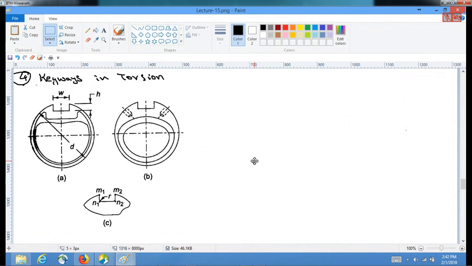So you can see that because you have this keyway that is present, that would cause the shear stresses in this shaft to be in this abrupt changes, and these are the different contours.